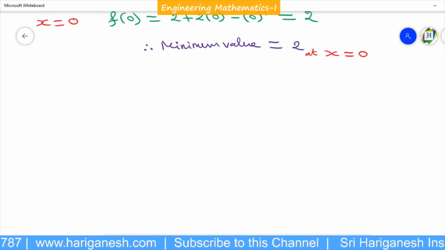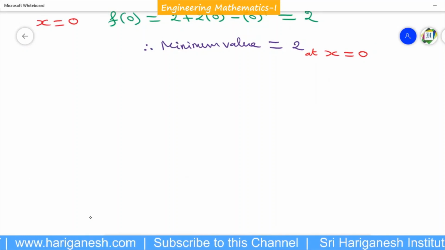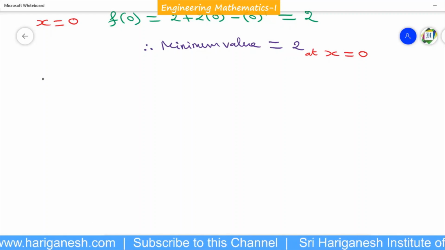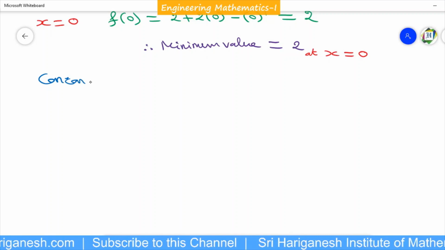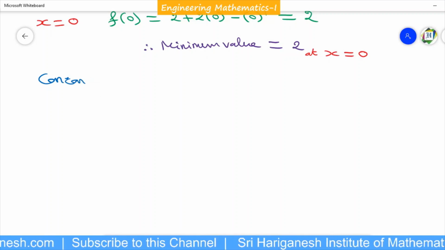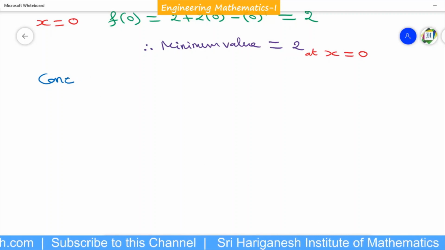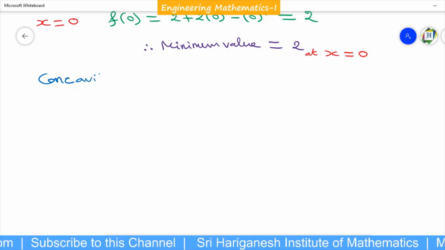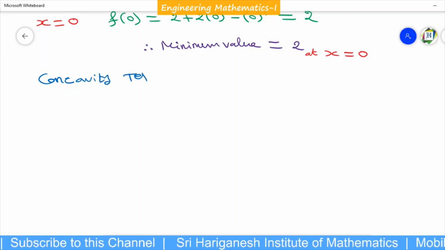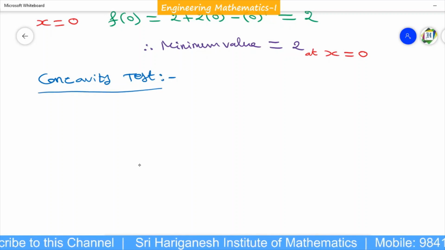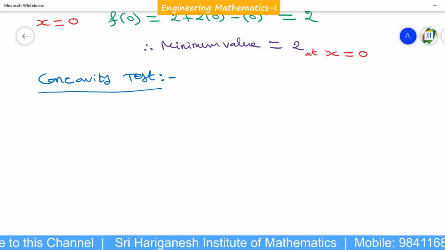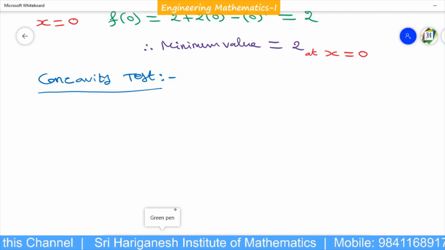Okay, now next I am going to verify the concavity test. So let's do the concavity test. For the concavity test, I cannot use the same critical numbers.